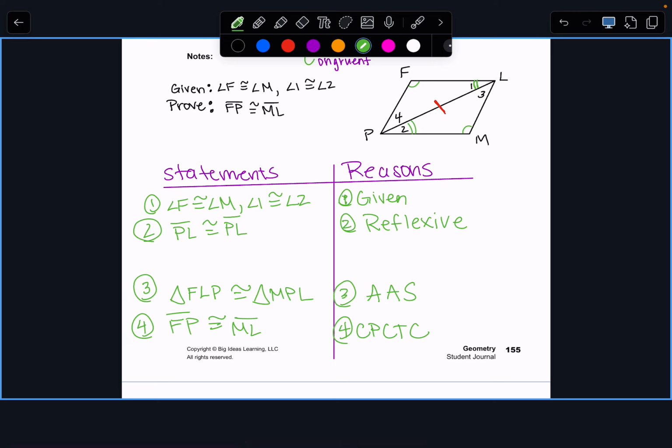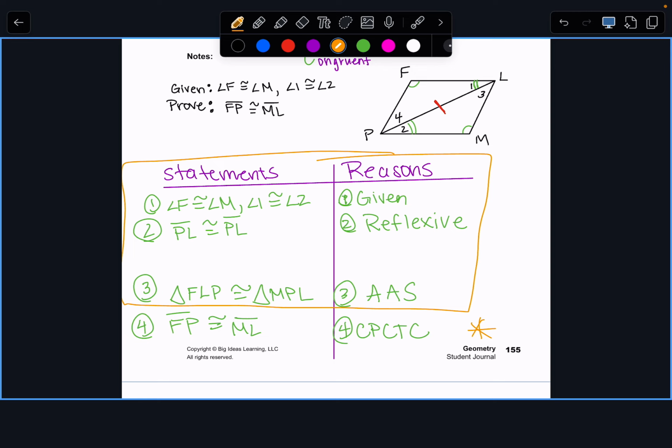Literally, people, we are taking a proof from the past week and we're adding one step to it. Once I prove that two triangles are congruent, then my last step is that those pieces are congruent by CPCTC.